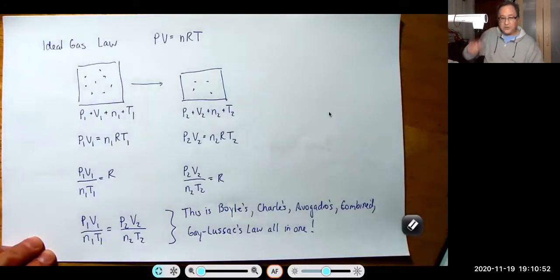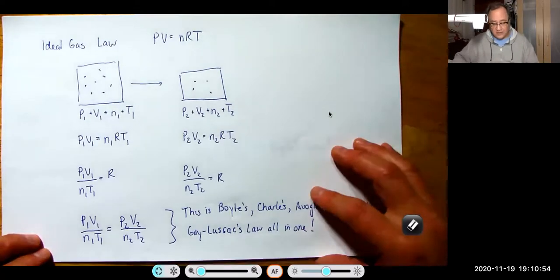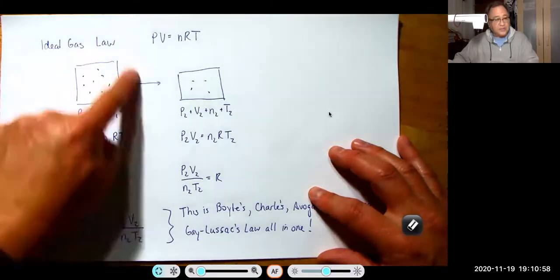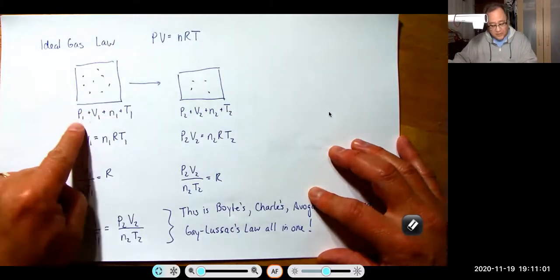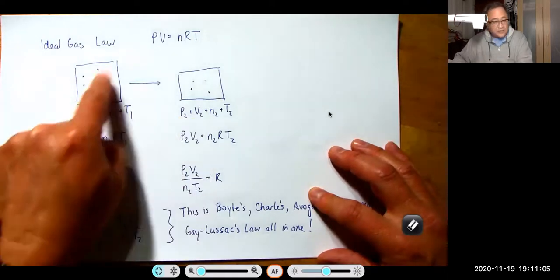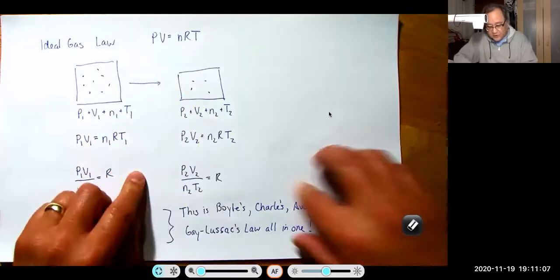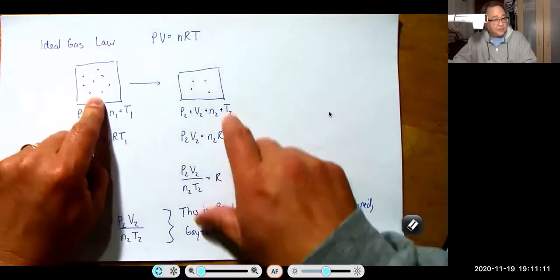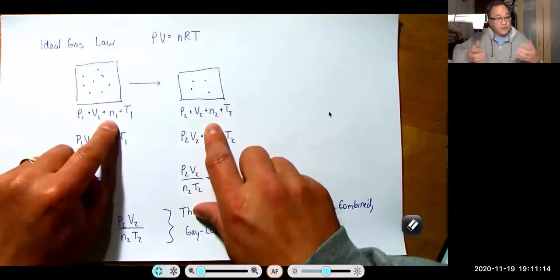So I want you to remember that the ideal gas law is PV equals nRT. So here I have a gas under one set of conditions, P1, V1, N1, and T1. And here I have this gas under a different set of conditions, P2, V2, N2, T2. You'll notice the number of dots here does not equal the number of dots here because N1 and N2 have changed.